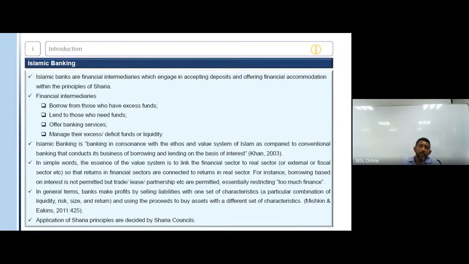So all Islamic windows will have a few advisors who advise them. They are Sharia scholars who will advise the Islamic financial institution how to apply these principles. So we will see what these principles are, but the application of these principles is advised by the Sharia scholars. That kind of concludes our definition and introduction to what is meant by Islamic banking to start with.